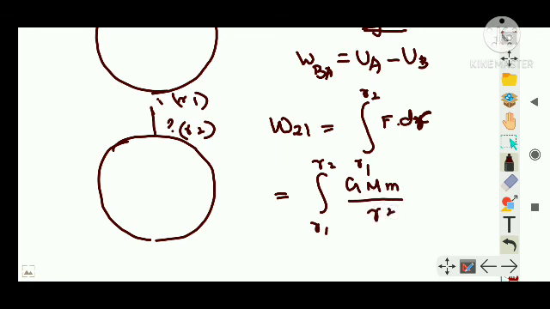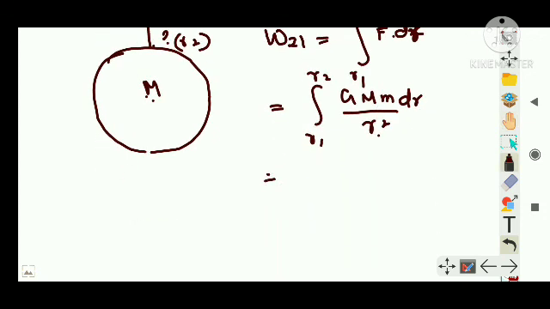That is the force experienced by this mass due to this body. Let's say M is the mass of Earth, so GMm by r squared into dr. That is equal to minus G M m, where m is a constant term, so I have 1 by r squared integrated from r1 to r2. The integral of 1 by r squared is minus 1 by r.